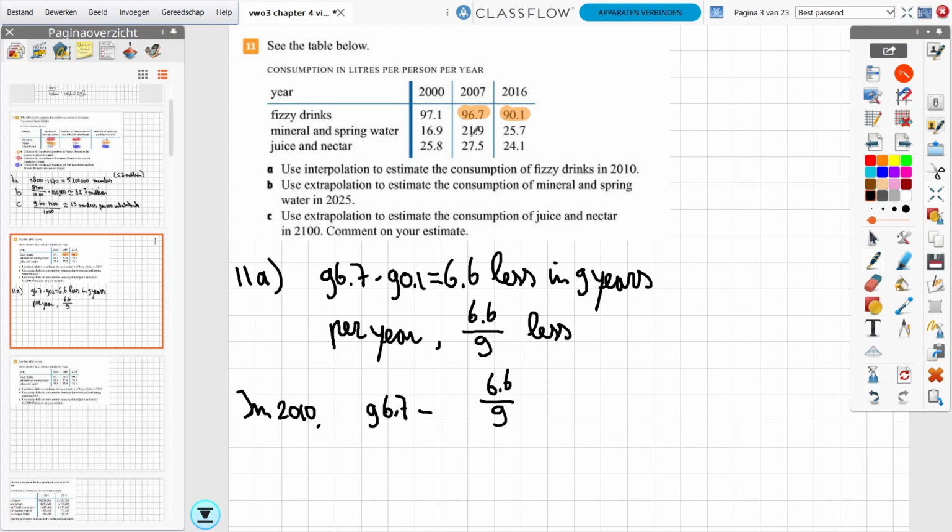I go from 2007 to 2010, so that's minus 3 times what I have less per year. That will give you a total of 94.5 liters. And this is interpolation because it's in between data points.